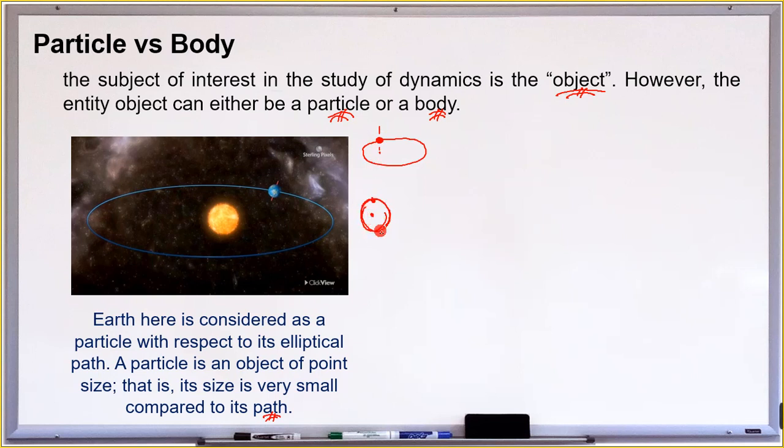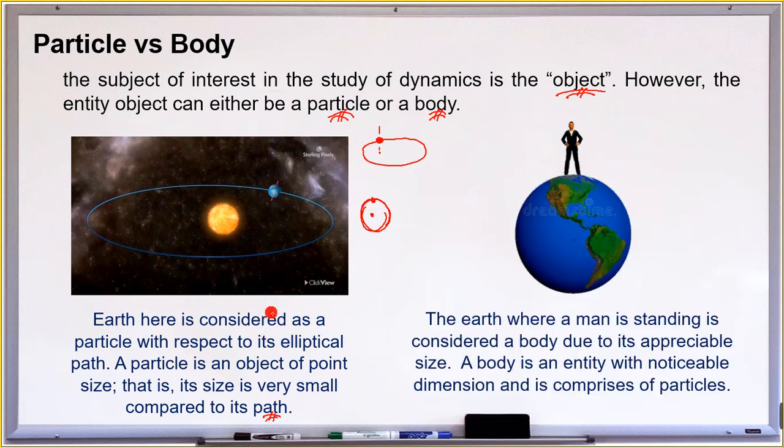Now, if we treat this as a body, then it would differ. But because the path traveled by the earth is very wide compared to its size, we can consider this one as a particle. Now on the right side, we have here on earth, the size of the human is exaggerated just to give emphasis.